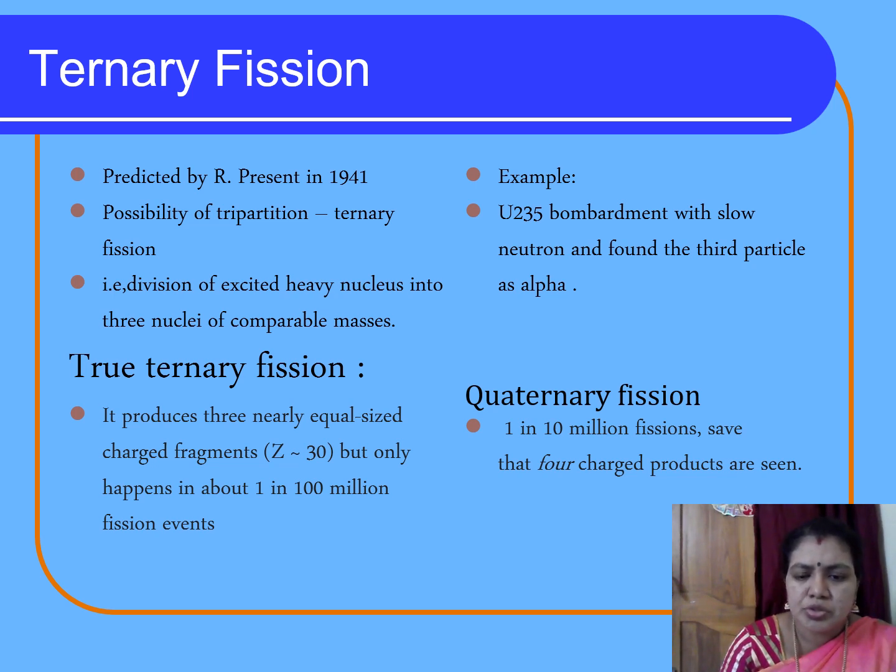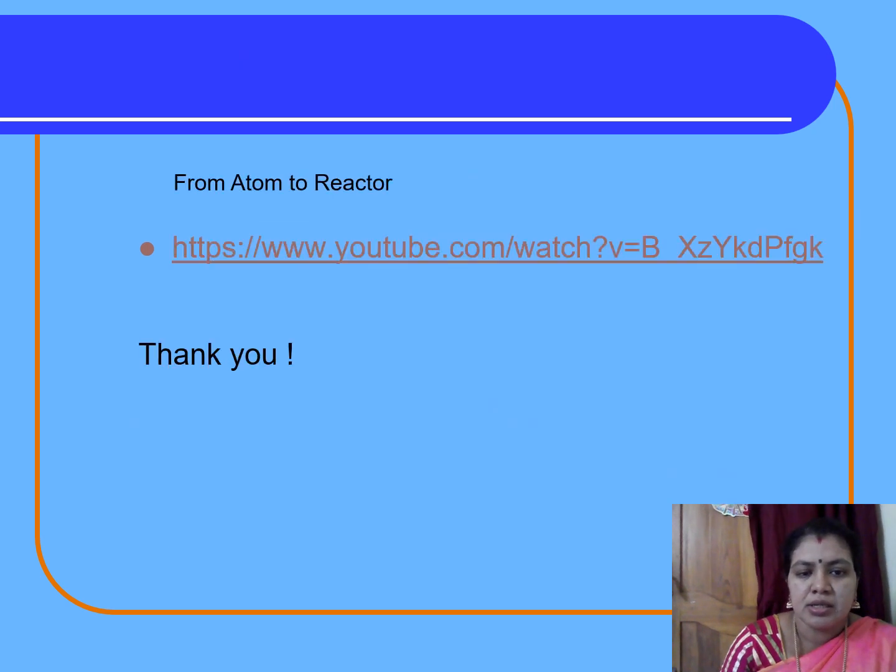And there are two more types: true ternary fission, wherein three nearly equal size charged fragments result. But these reactions are very rare. They happen in about 1 in 100 million fission events. And there is even quaternary fission, 1 in 10 million fissions, where 4 charged particles are seen.